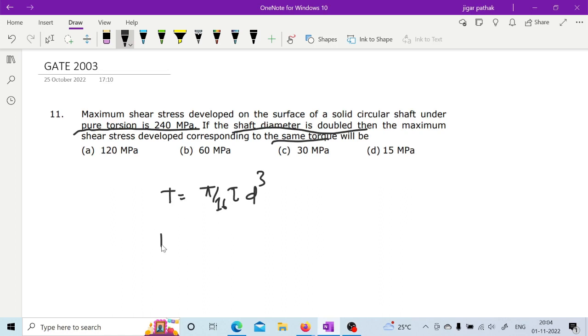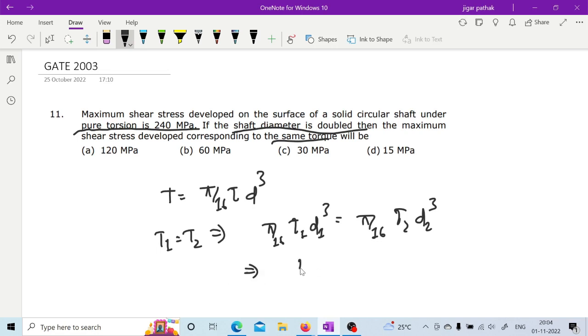So from this, if T1 is equal to T2, then pi by 16 tau 1 D1 cube is equal to pi by 16 tau 2 D2 cube. So tau 1 upon tau 2 is equal to D2 by D1 cube.